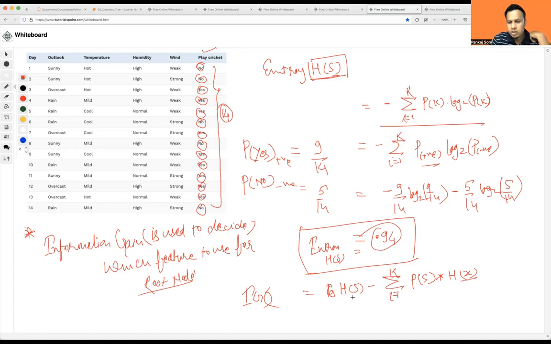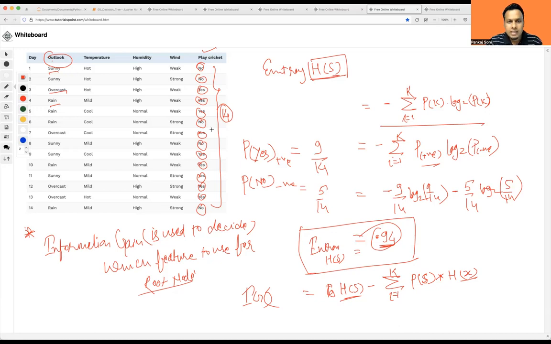This entropy we have already calculated, 0.94, for the categorical value. Now we calculate this for each feature. Let's first calculate for outlook. For outlook we see how many subcategories there are: sunny, overcast, and rain. For each we are going to calculate.